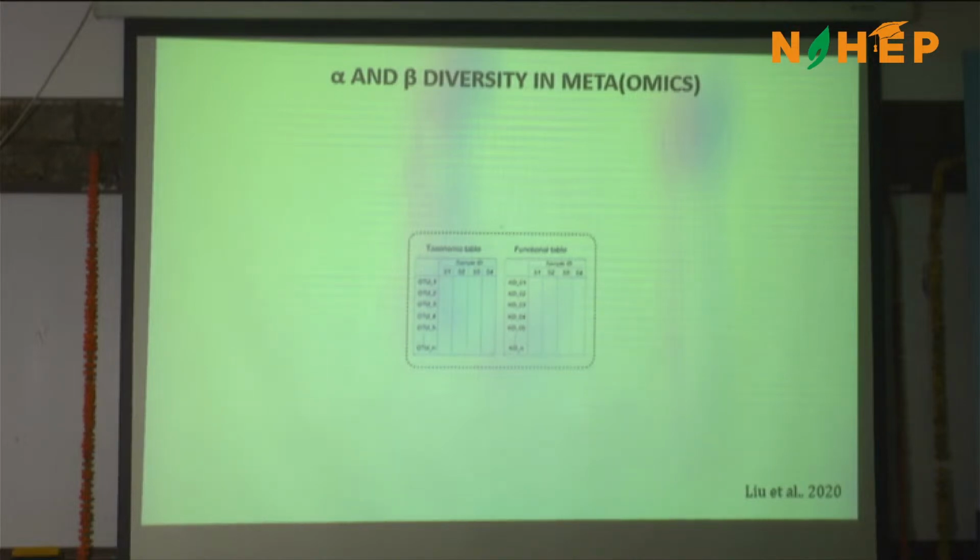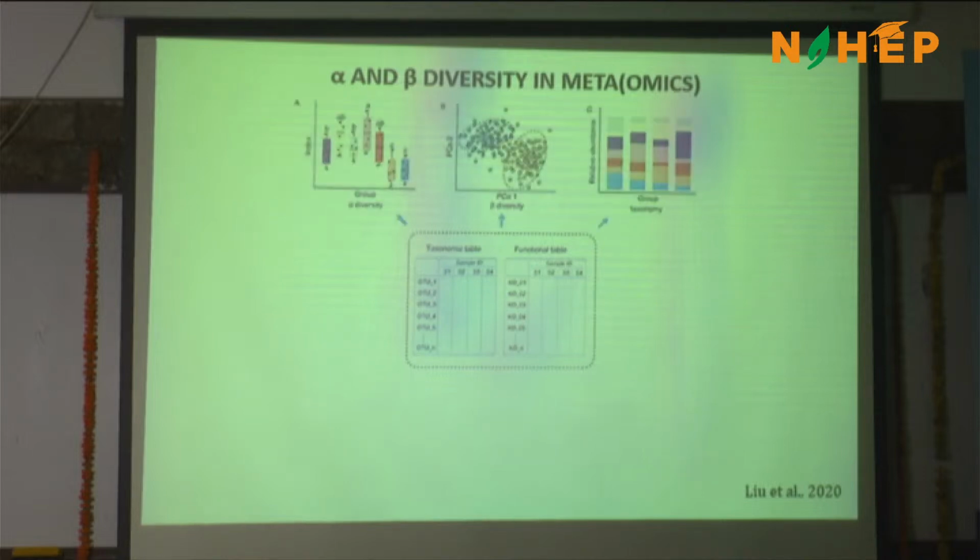Once we annotate, what we get is taxonomic affiliation and functions. What do you do with this? Well, alpha diversity, that we already looked at, and I also mentioned that you can do functional diversity, so you can measure the diversity of your functions in your particular example.